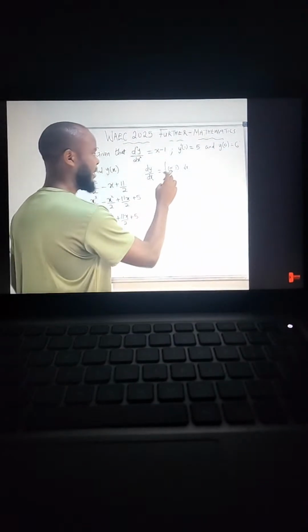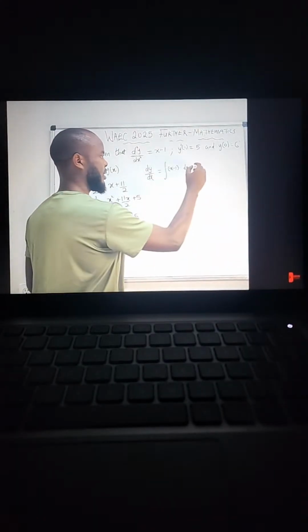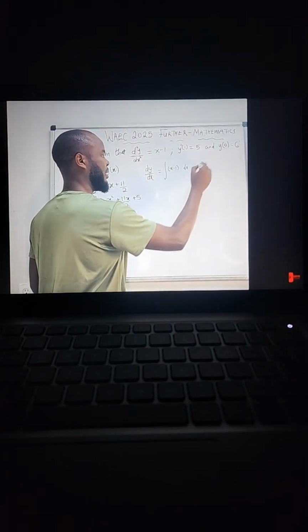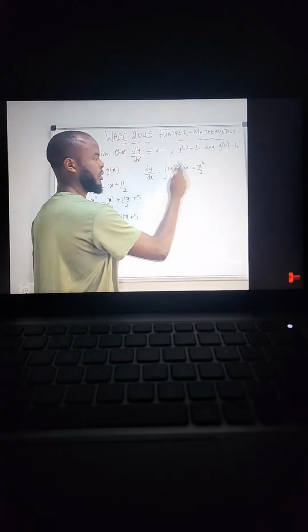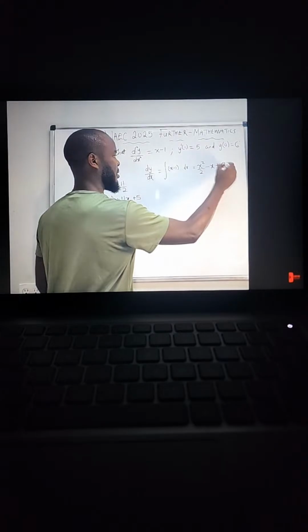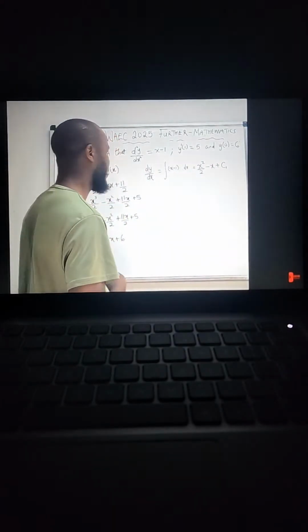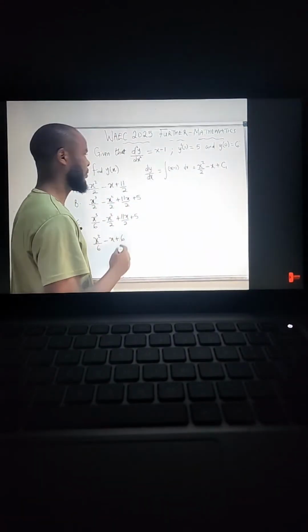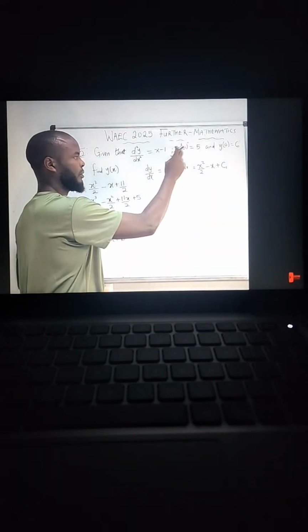Now, when you integrate this is going to be x squared over 2. The constant term is going to be minus x plus c1, which is the constant. This is the first integral. This is the same thing as saying dy/dx.